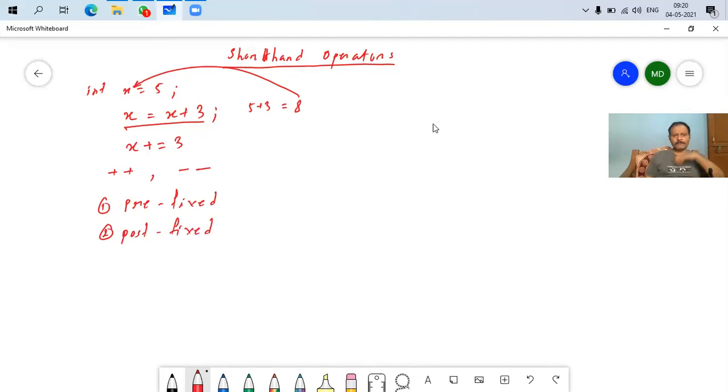Now, what happens when we talk about prefixed and postfixed? Prefixed means the operator is placed before the variable, at the left of the variable, for example plus plus x. This is a prefixed operator. And when we talk about postfix, the operator is placed at the right of the variable, like this.